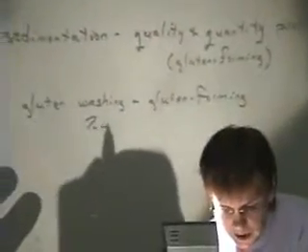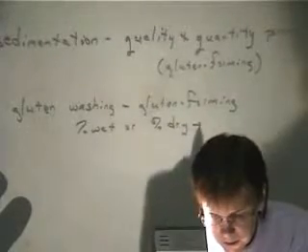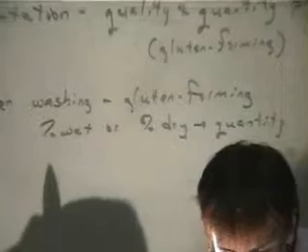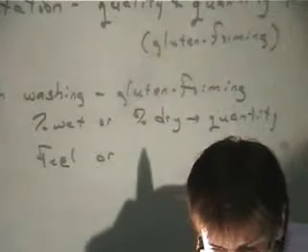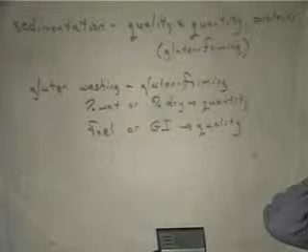So the percent wet or percent dry give us quantity, and the feel or gluten index are looking at the quality. No one test is perfect, but we get little bits and pieces from different things.